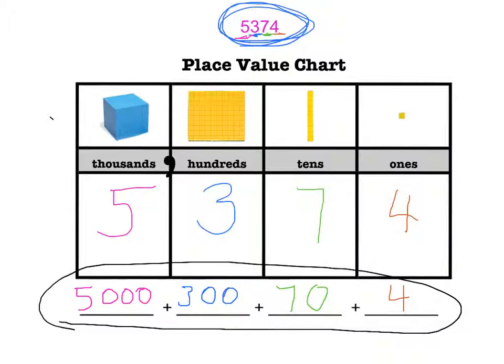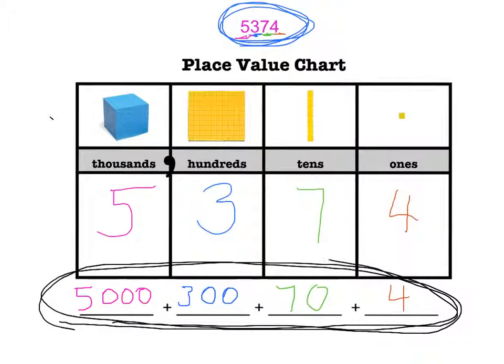Can you remember that? Standard form is at the top. The expanded form of the number is this one down here at the bottom. They are the same number. They are just written differently. Both of these forms have the same place value.